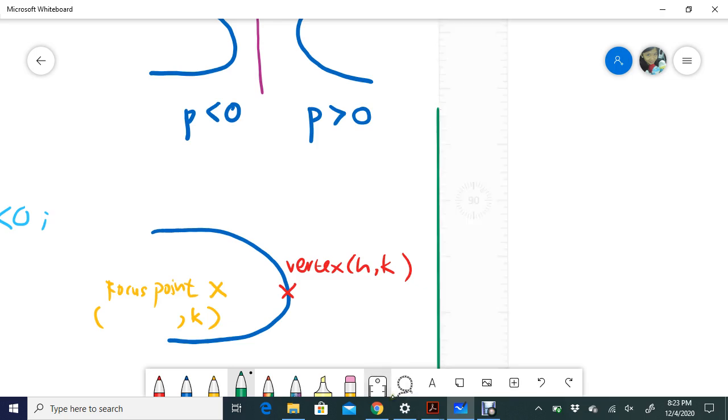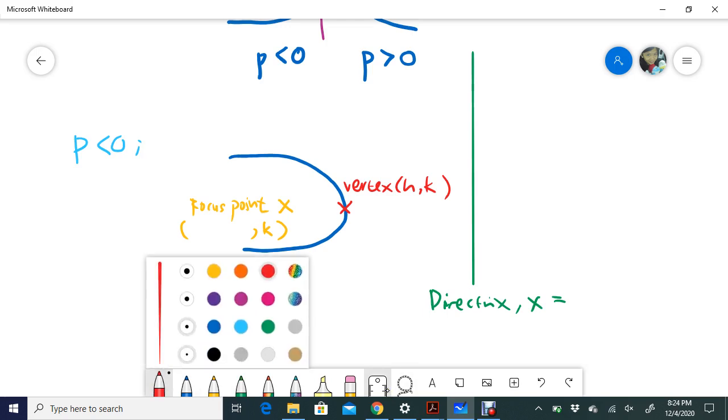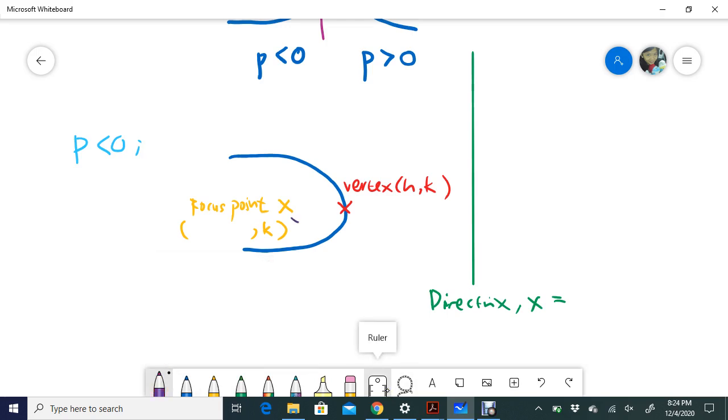So what will the value be then? Very simple. You just write that this is your directrix line, whereby x equals something. How do you indicate the coordinate itself? As I mentioned, the distance between the focus point and vertex, and between the vertex and directrix, is the same, based on the p-value.